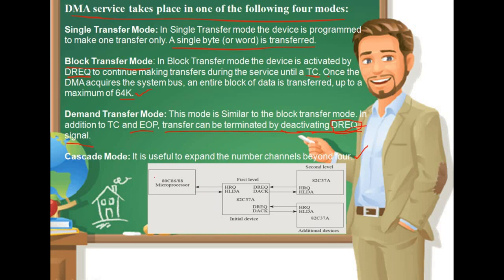Cascading: here we have a microprocessor connected to an 8237A, and this 8237A is connected to some extra 8237A. See here, hold request and hold acknowledgement.